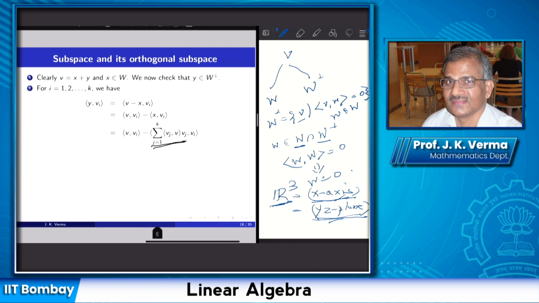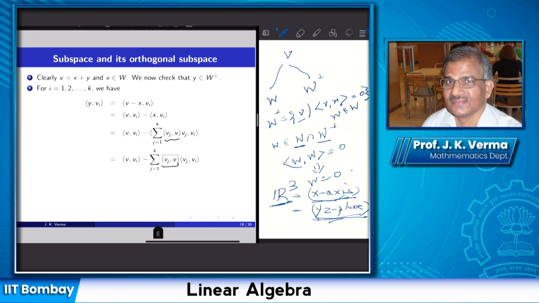I take the inner product with every Vi. But Vj and Vi are perpendicular if j is not equal to i. So when I take this inner product, only one term is going to survive, and that corresponds to j equal to i. The scalar in the first component, when I take it out, its conjugate comes out.